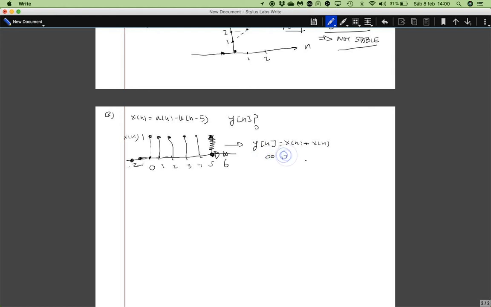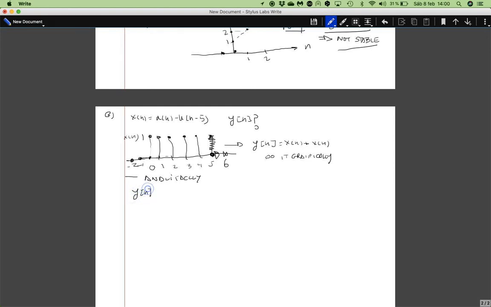I encourage you to do it, let's say, graphically. But let's do that analytically. Okay, so how do we do that analytically?